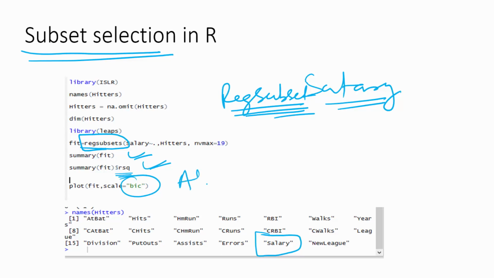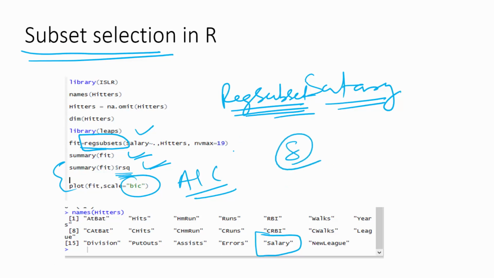We can also do the Akaike information criteria or adjusted R square. So this will help us select the best model. Now the syntax is very simple, right? You can see the function is regsubsets and salary is the target, and we are going to use all 19 variables. Probably we have used 8, I'm not sure.